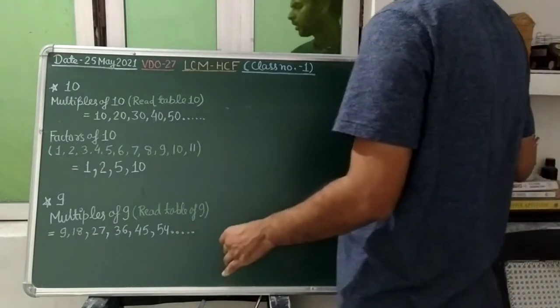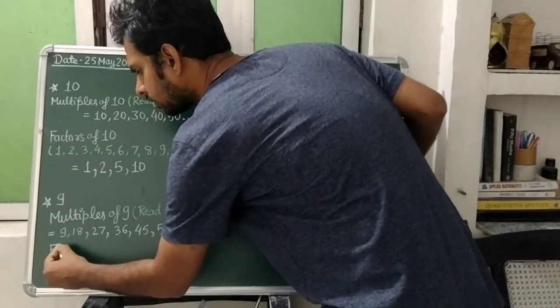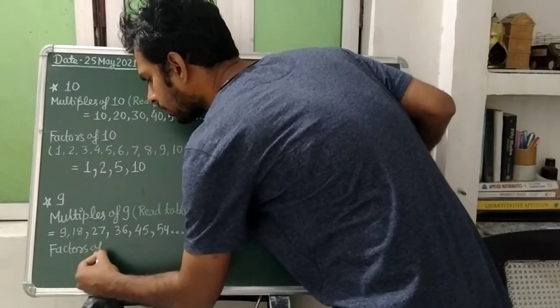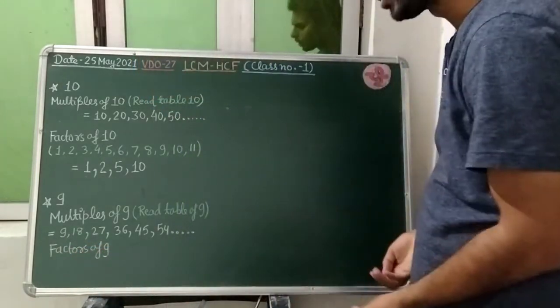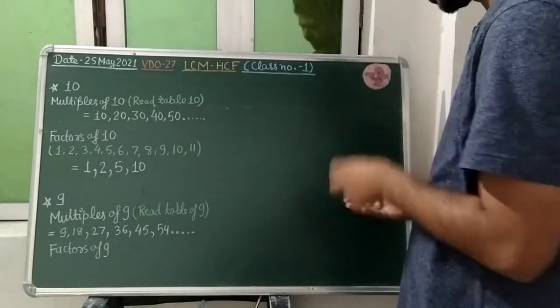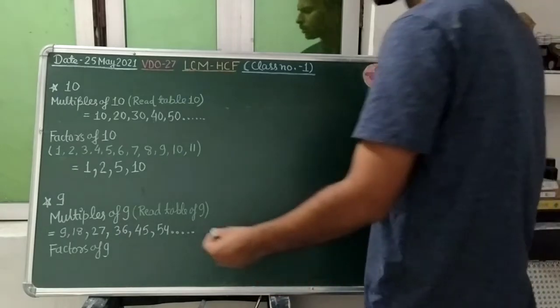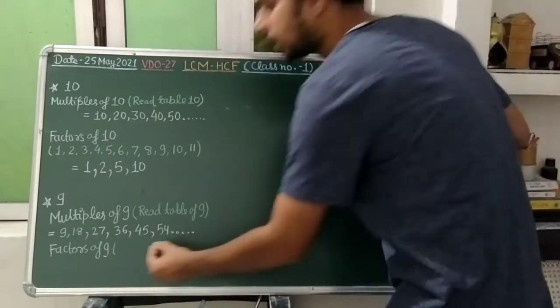And students, when we will be talking about the factors of 9, I have told you, if you want to find out the factors of any number, you should check from 1 to 9.